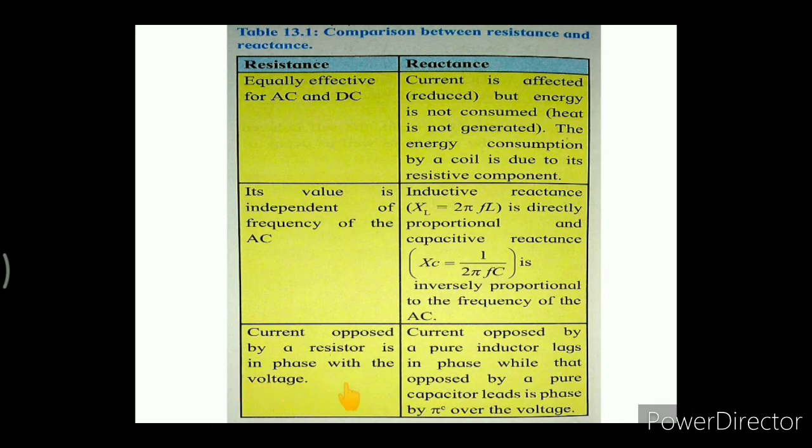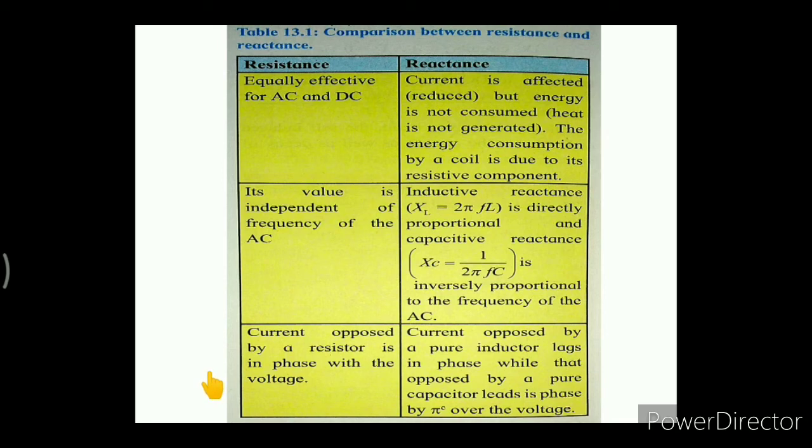Current opposed by a resistor is in phase with the voltage, as there is no phase difference between the instantaneous values of voltage and current, as instantaneous voltage is given as E equal to E0 sin omega t, and instantaneous current is given as I equal to I0 sin omega t when only a resistor is connected across the circuit.